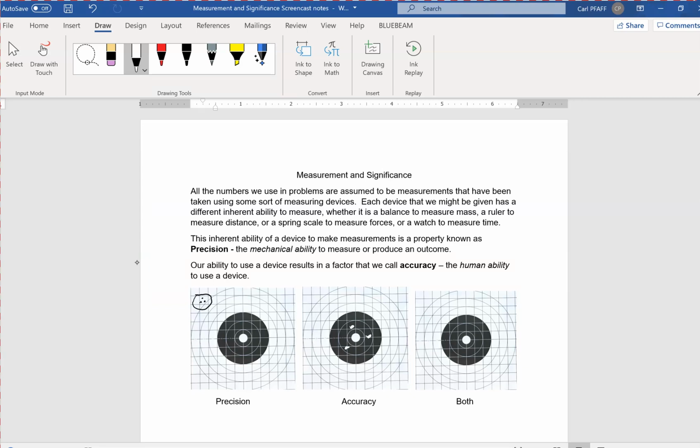Now, that might be the best that a person could actually do with that rifle if they don't have skills as a marksman, in marksmanship. That might be the best anybody could do, which is still not really bad in terms of rifle shooting.